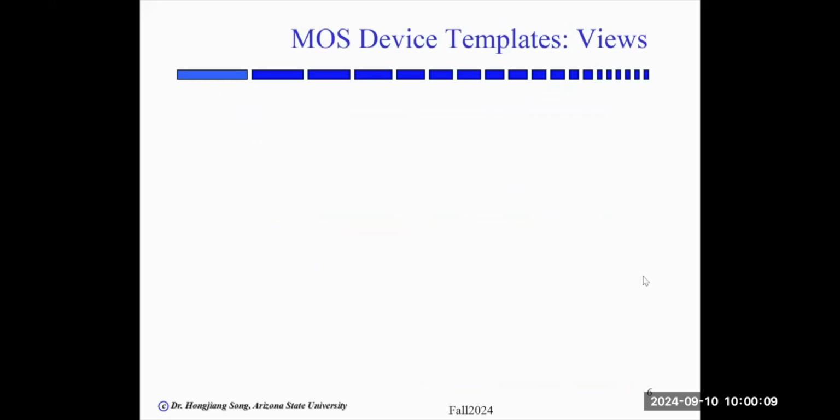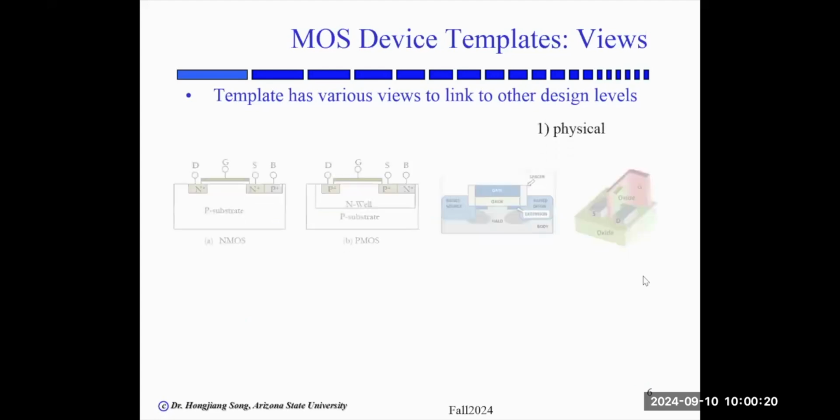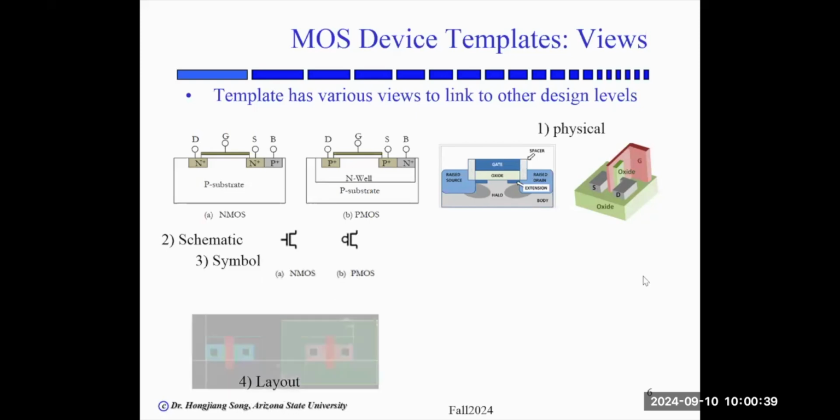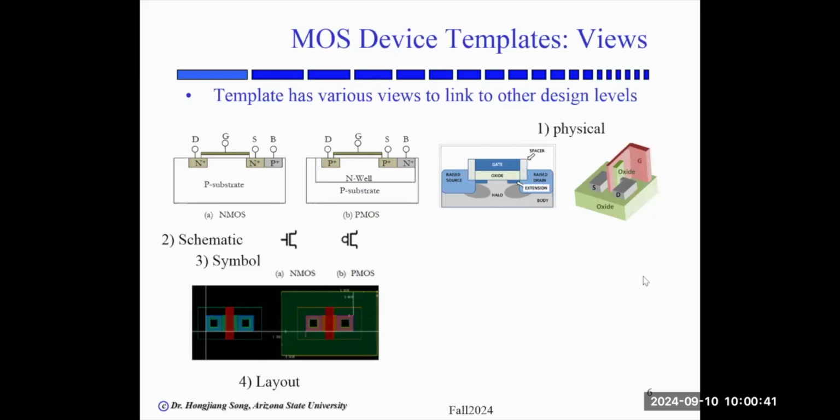VLSI templates have different views. These views are used to link to other design levels. For example, the physical view of the device can be linked to the manufacturer level or silicon debug level. Also, we have schematic and symbol views, which are used for circuit design. Also, we have the layout view, which is used to make a mask.